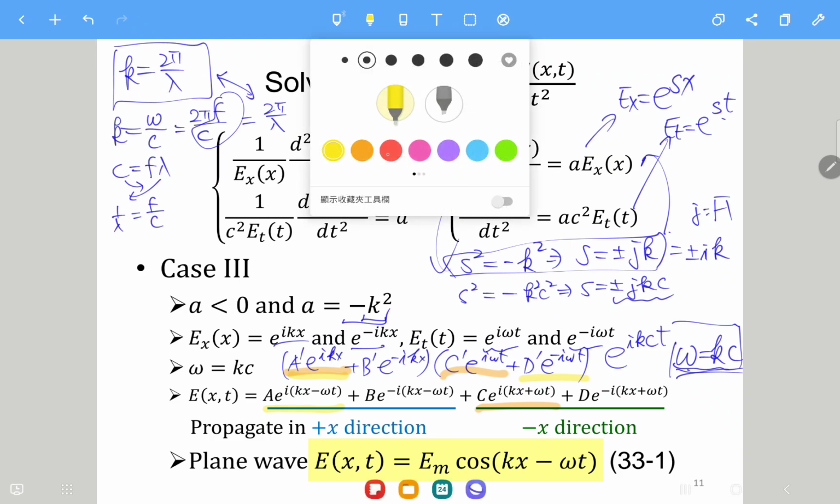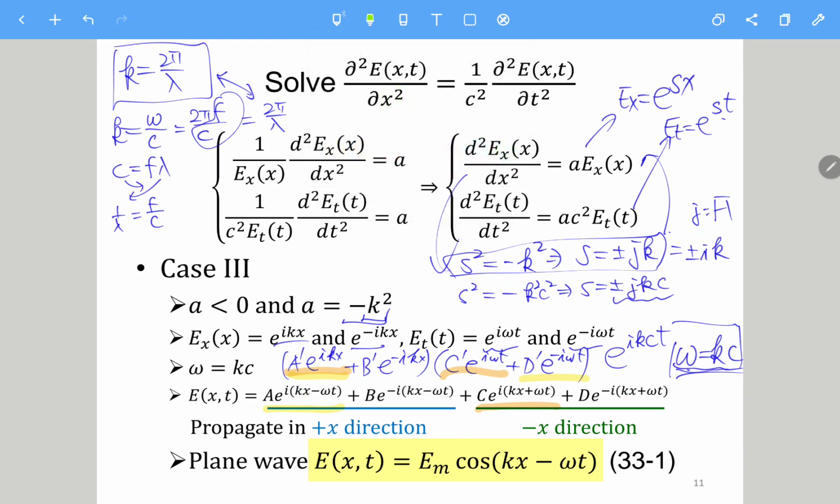Then we also have, let's say in green color, b exponential to negative ikx, and then multiply by this one. Okay, this one multiplied by this one, which should be negative ikx, and then plus i omega t.